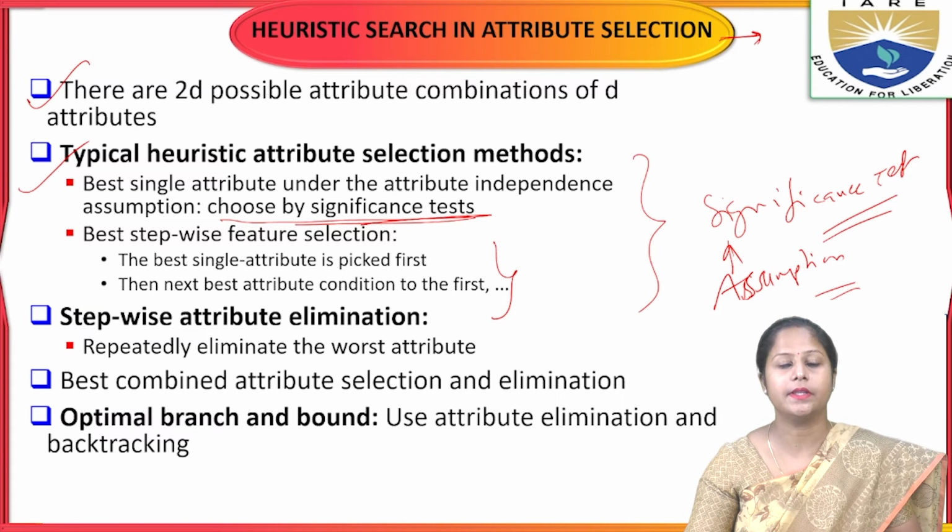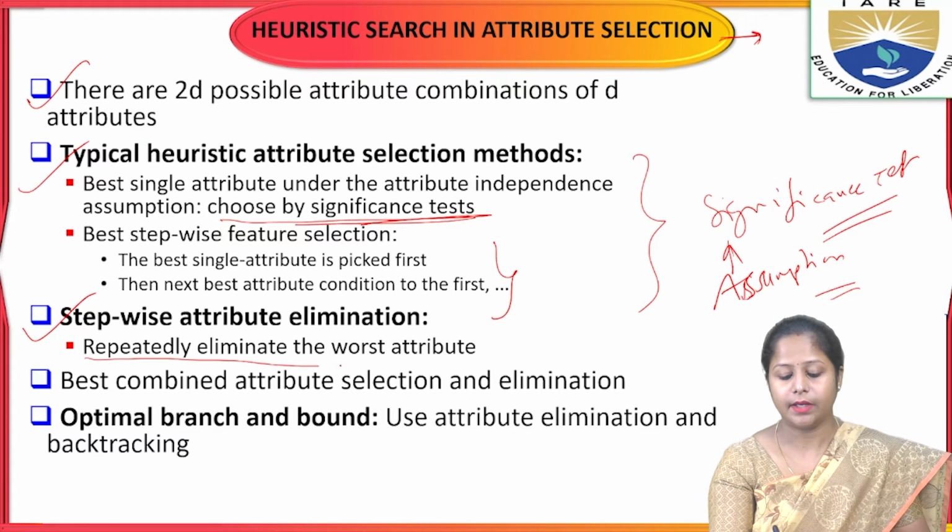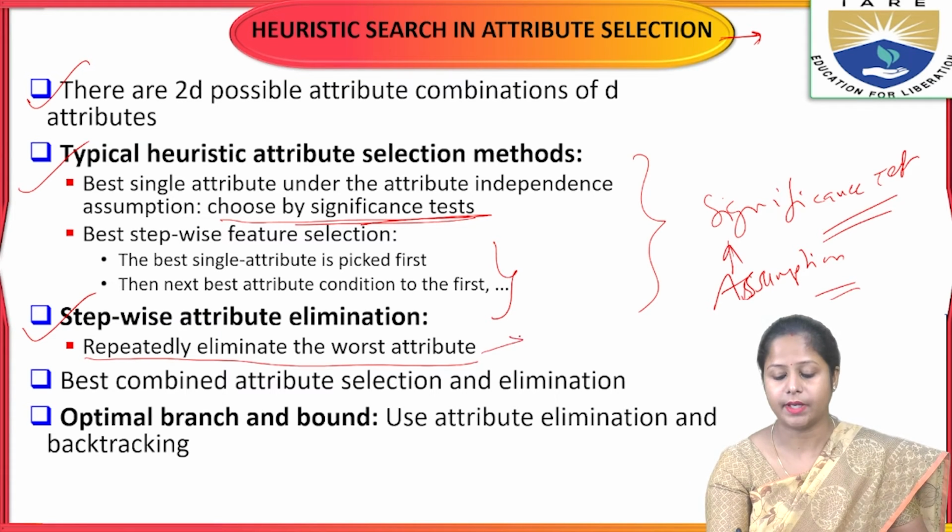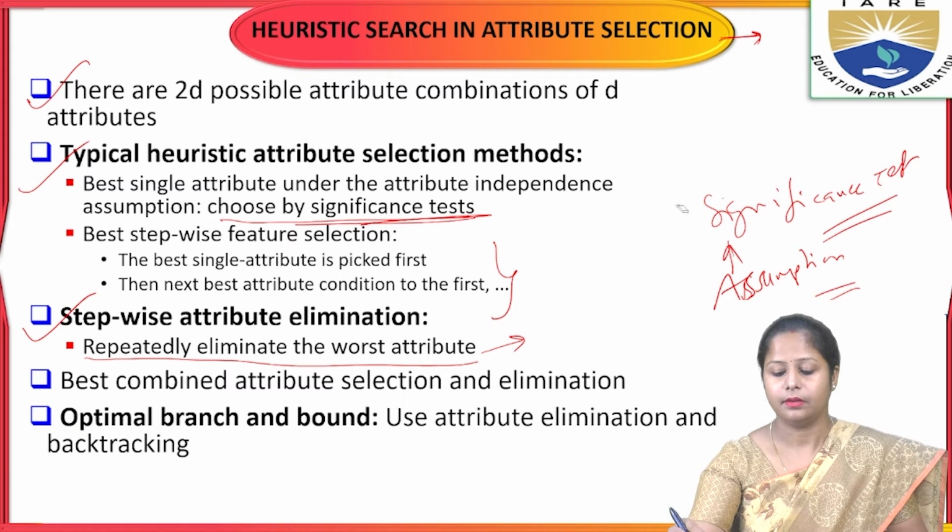Then there is stepwise attribute elimination, where we repeatedly eliminate the worst attribute.